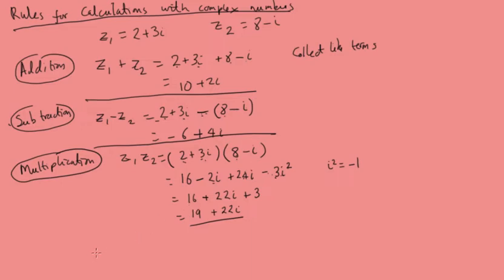Actually, I'll take a new page because we're running out of space. So I'm just going to write z1 again, which is 2 plus 3i. z2 equals 8 minus i. So let's think about what happens when we multiply the complex conjugates together.